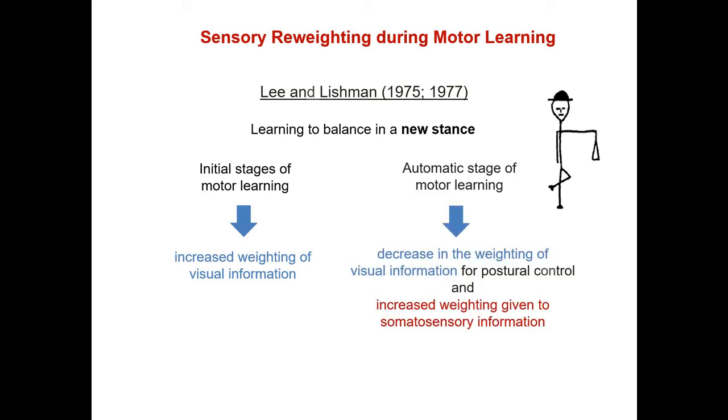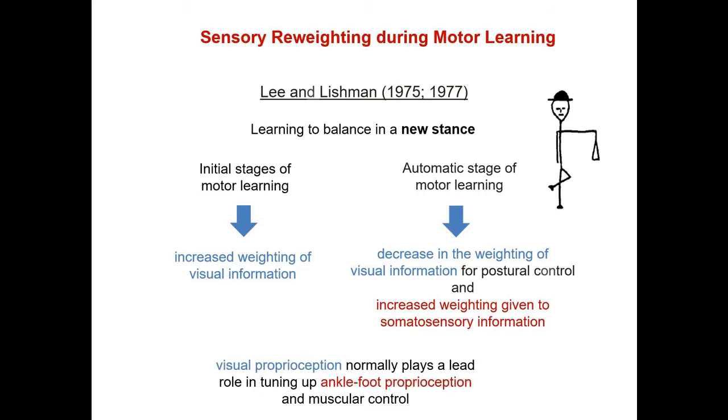In the later, more automatic stages of motor learning, there was a decrease in the reliance on visual information, and a corresponding increase in the reliance on somatosensory information. Here, the movements of the visual surroundings had a far smaller impact on balance. The results of this research are consistent with the idea that visual proprioception normally plays a lead role in tuning up ankle-foot proprioception and muscular control.